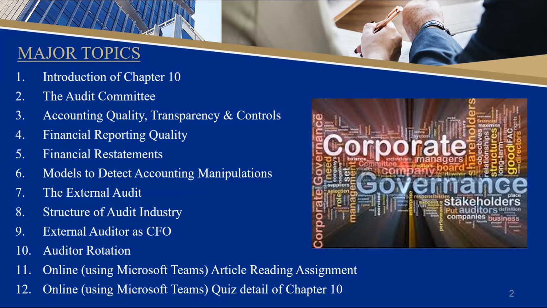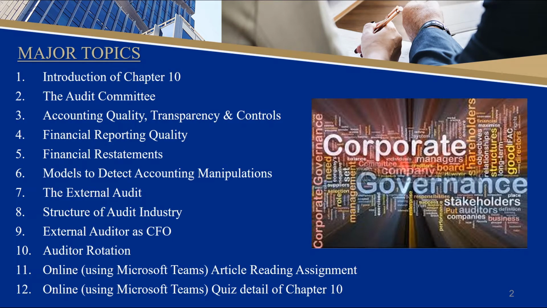The seventh topic is the external audit, which includes further subtopics relating to the external audit process, and these subtopics are audit preparation, review of accounting, estimates and disclosures, fraud evaluation, assessment of internal controls, communication with the audit committee, and expressed opinion.